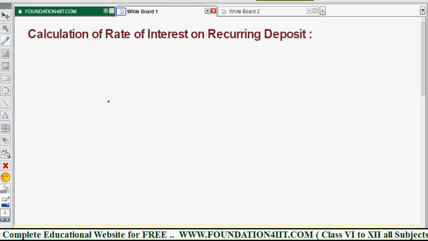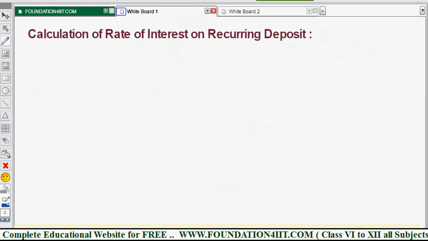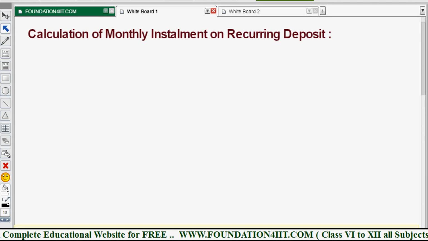Now we'll see how to calculate the monthly installment. Whenever it is required to find the P value in any sum, let's see how to calculate the monthly installment on recurring deposit problems.